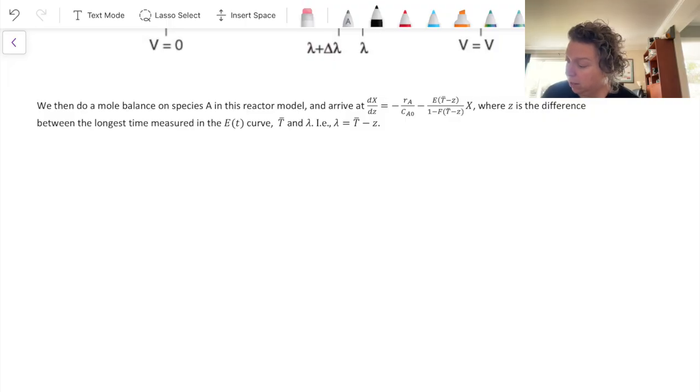In this expression, there are two more variables. One is z, which is the difference between the longest time measured in the residence time distribution curve, which we call T bar, and t. So capital T bar is the longest time measured in the residence time distribution curve. And we'll show how to obtain these values based on residence time distribution data in the next lecture.